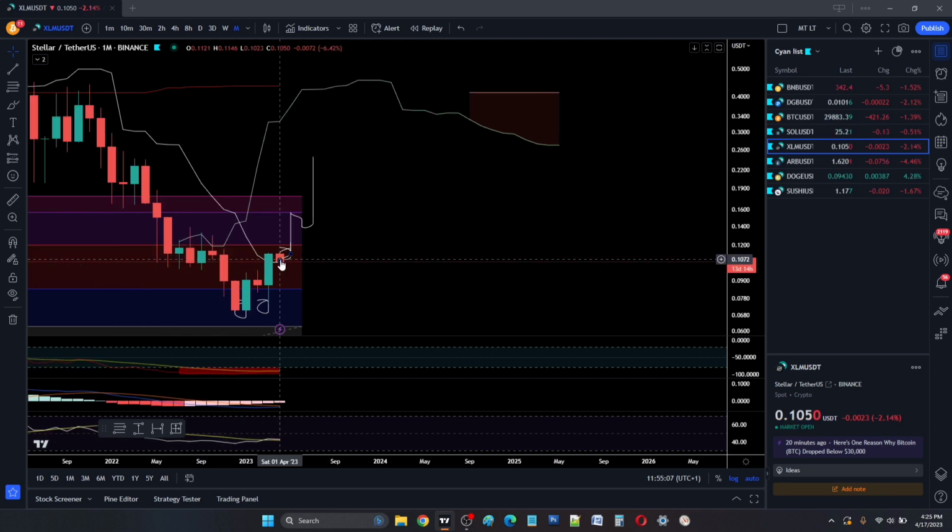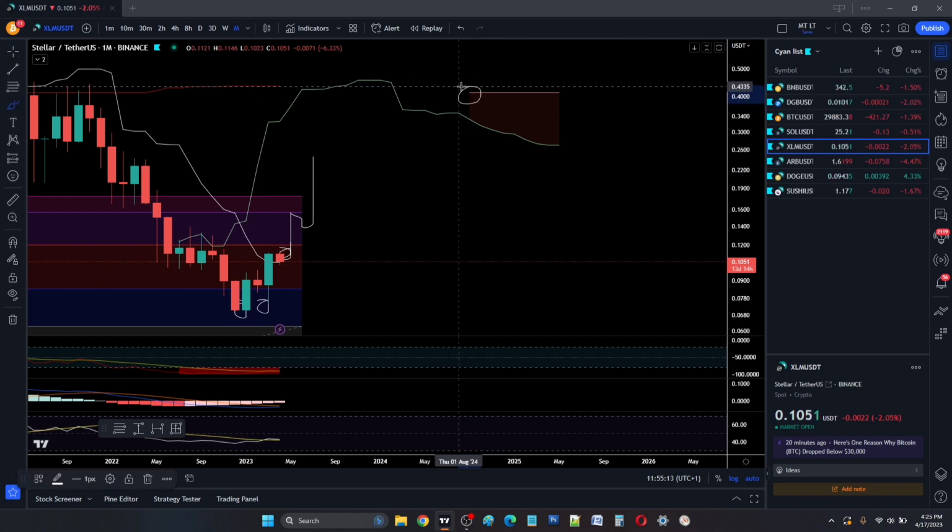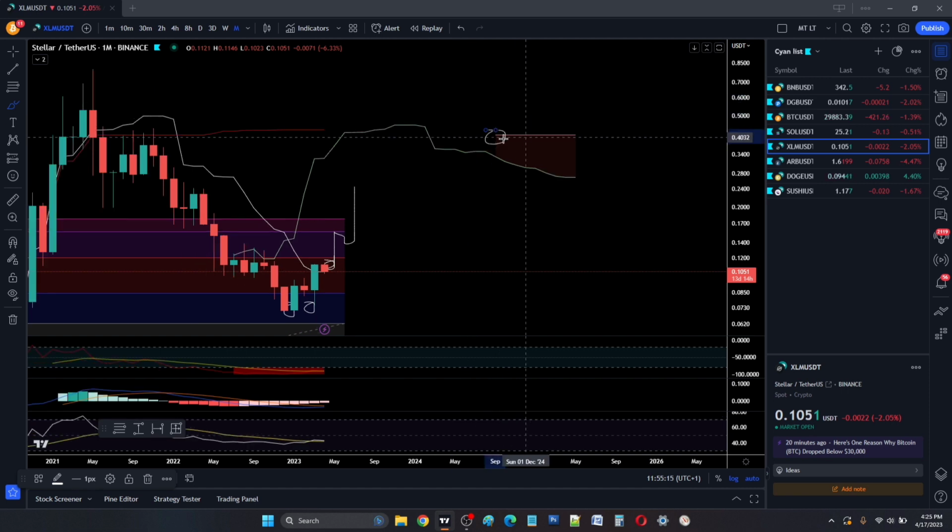Long term, this gives us an idea that we will have very stiff resistance at 43 cents. This level has been tested many times in the past. We tested it five or six times back in 2021, so it will be very hard to break.